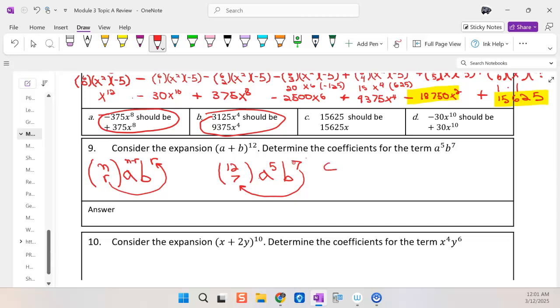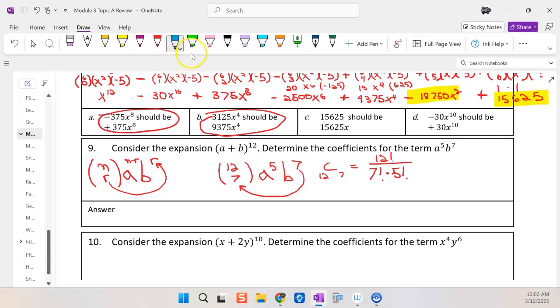So I'm going to just do it out longhand here. That would be 12 factorial over 7 factorial times 5 factorial.